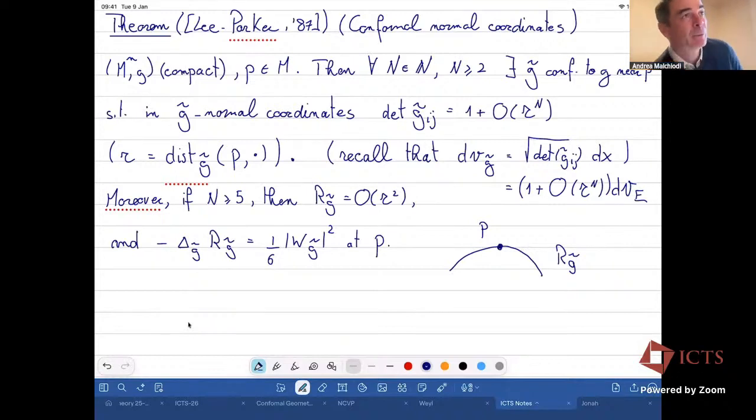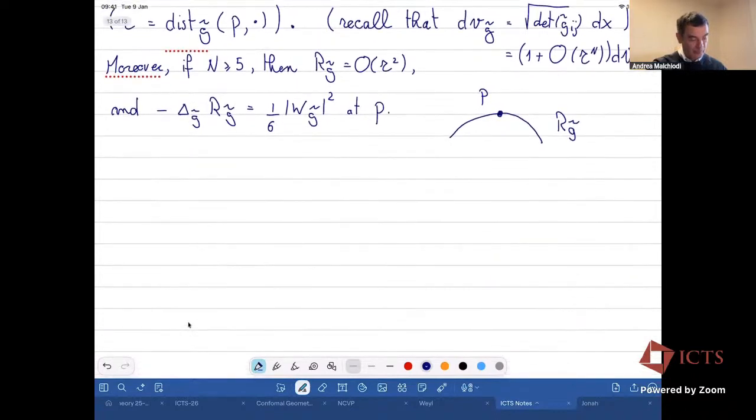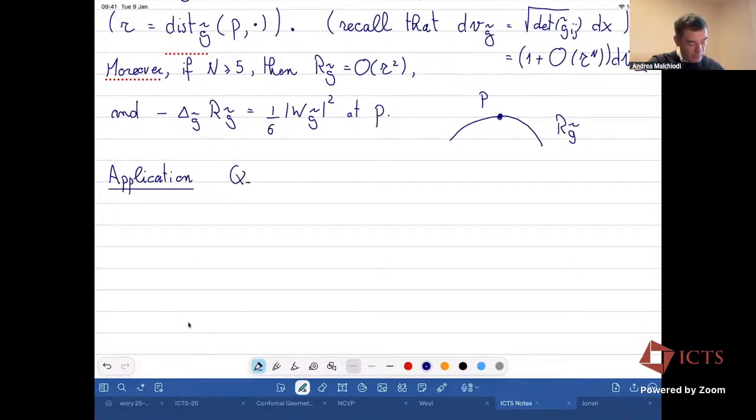Okay, so how do we use this fact? Okay, application. So recall that Qg of u is this quantity here.